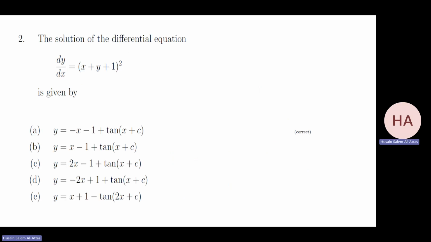Okay. The solution of this differential equation. One of the methods, if you remember, if you see ax plus by plus c in the differential equation, you let u equal ax plus by plus c, and then you proceed. So very clear, I have x plus y plus 1, so I let u equal x plus y plus 1.